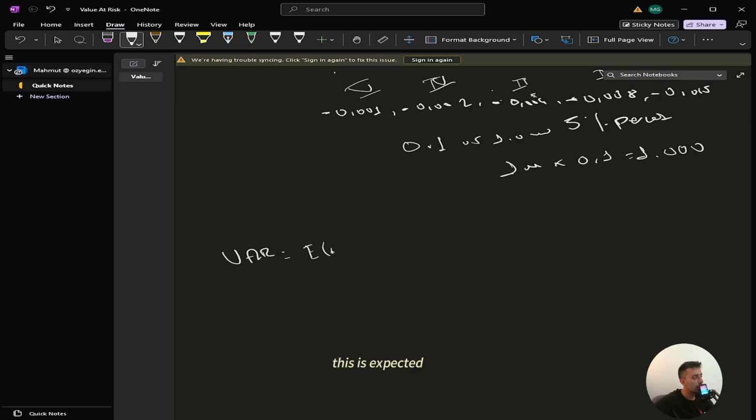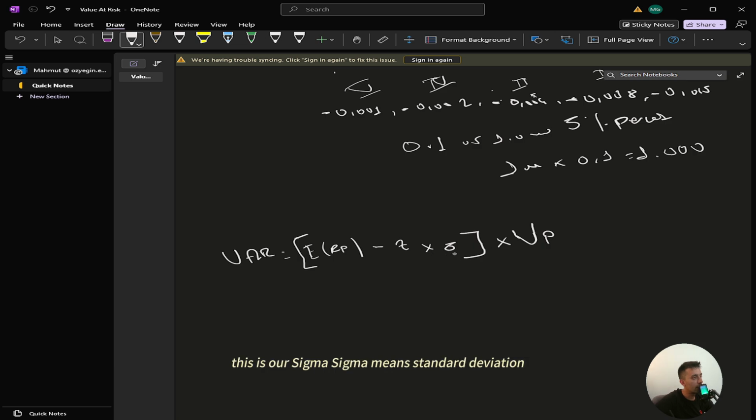This is expected return minus z score times sigma times the value of our portfolio. This is the value of our portfolio. This is our sigma.